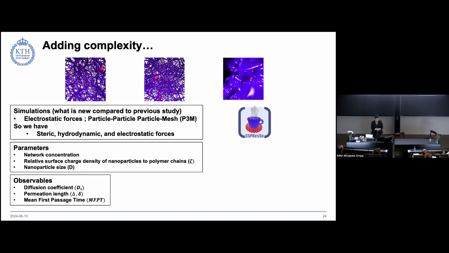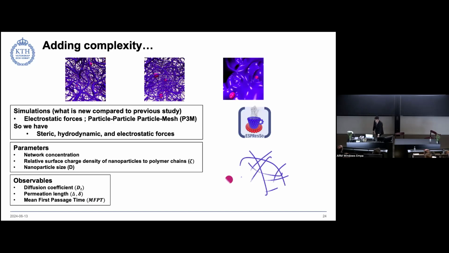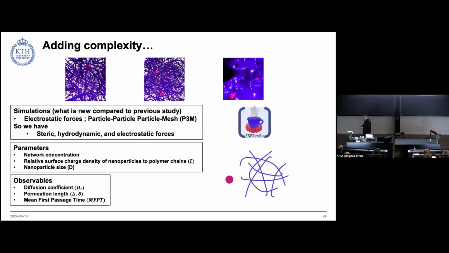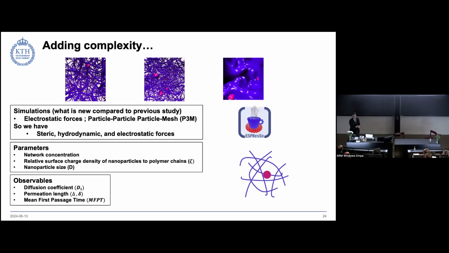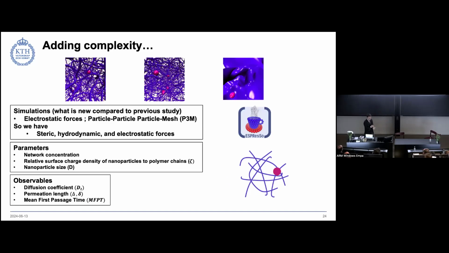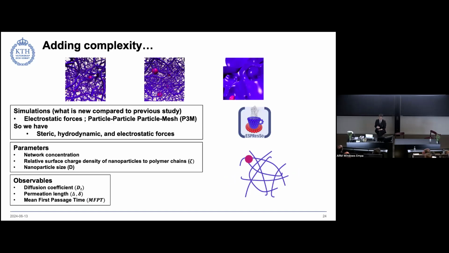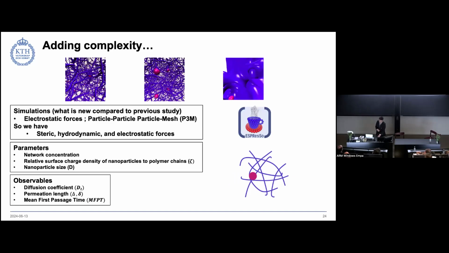The parameters that we have are network concentration, relative surface charge density of the nanoparticle to the polymers, and also the nanoparticle size. And we have some observables here, like diffusion coefficient, permeation length, and the time it takes for the particle to reach the target, or mean first passage time of the particles.